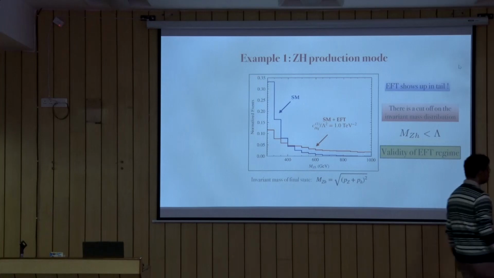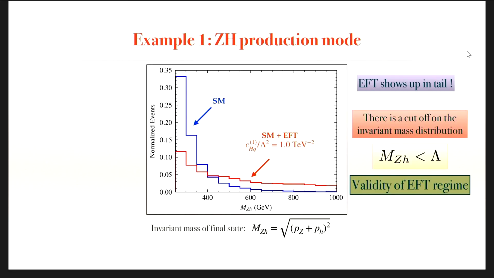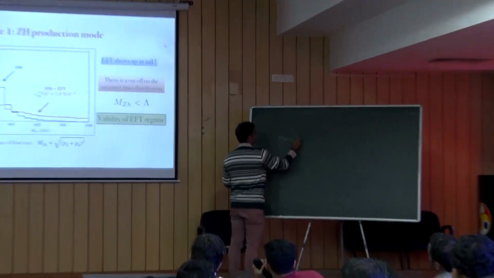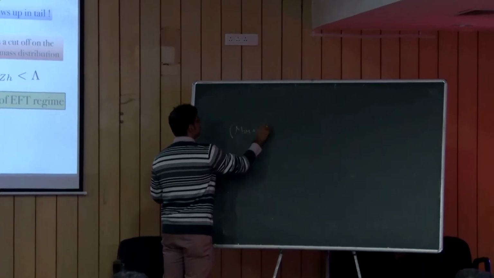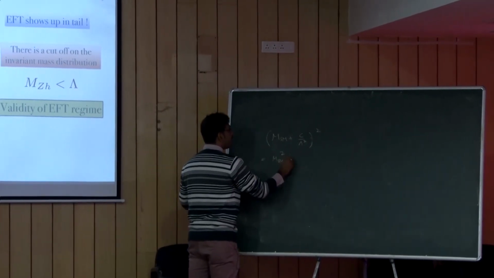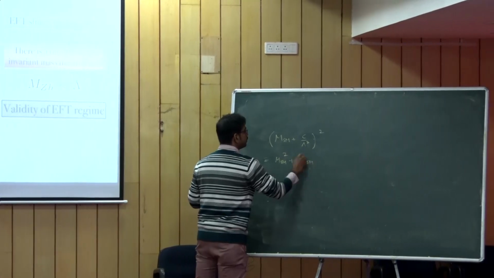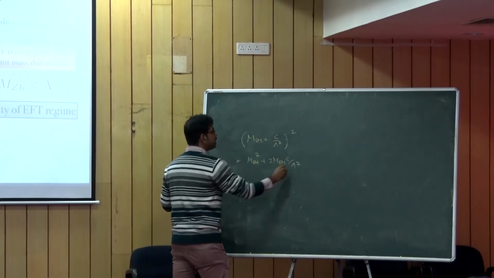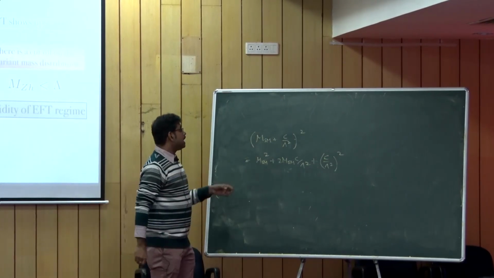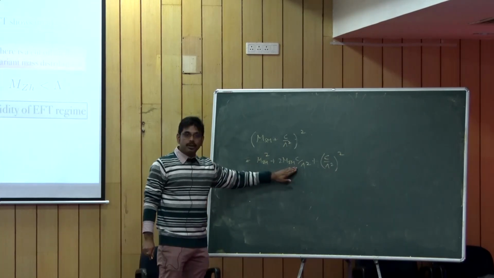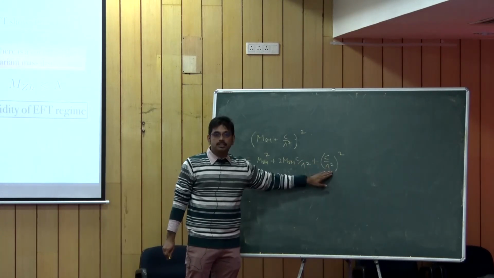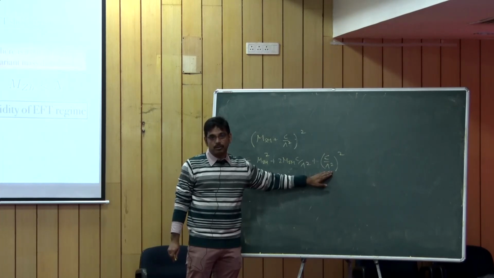So in a sense, you are saying that this is M_SM plus M_EFT, whole square, and so therefore M_SM square plus the lambda square term, plus the quadratic. So whenever this interference term is present, depending on how large your contribution or contamination is, you have to decide whether you also take the contribution from dimension 8 operators.